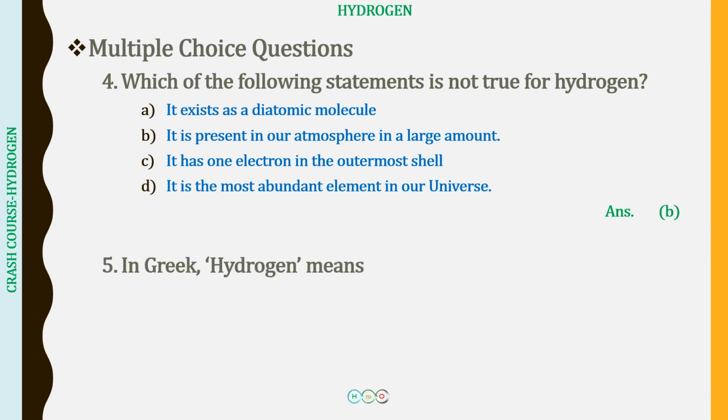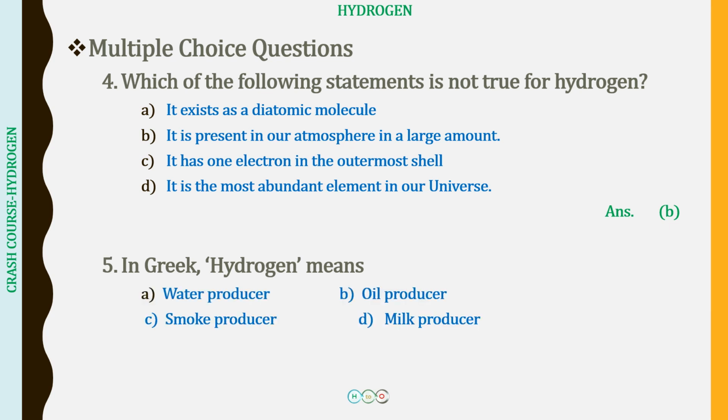B choice. The next we have is, in Greek, hydrogen means water producer, oil producer, smoke producer, milk producer. So hydrogen is derived from two Greek words. One is hydra, which means water, and the other is genas, which means generator.